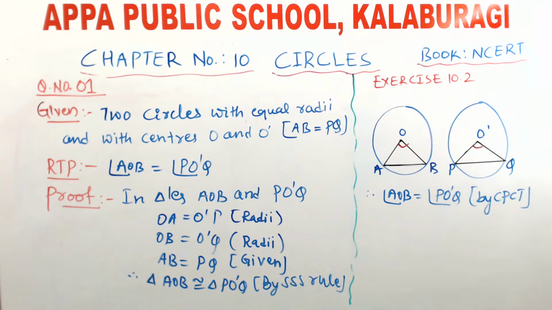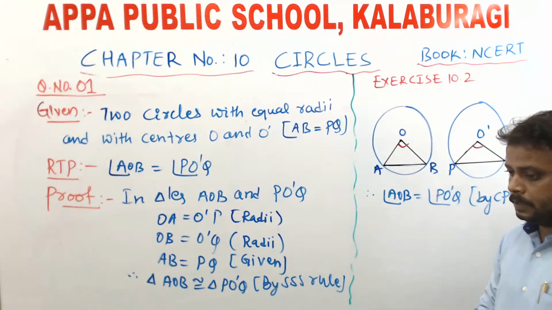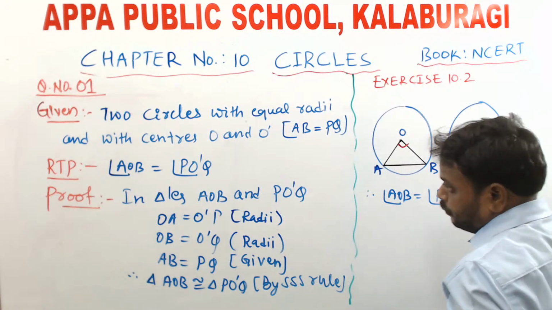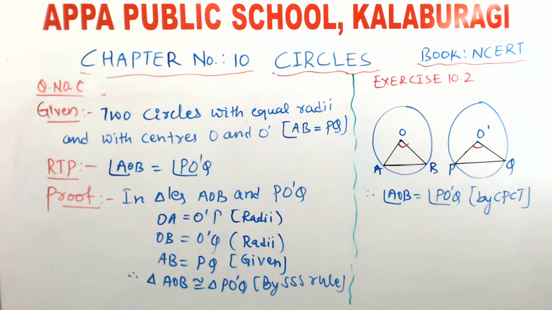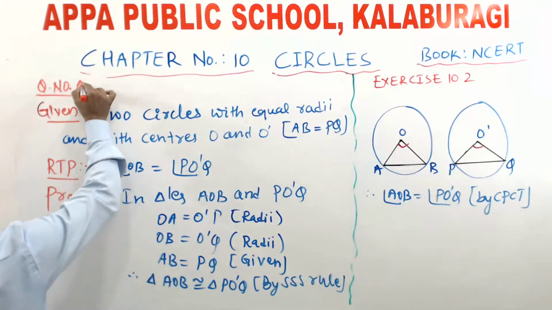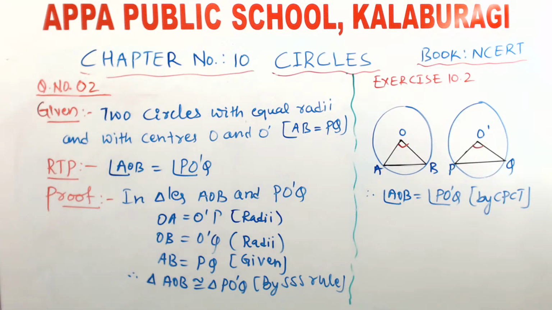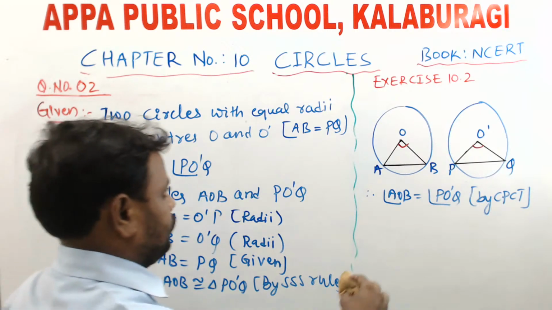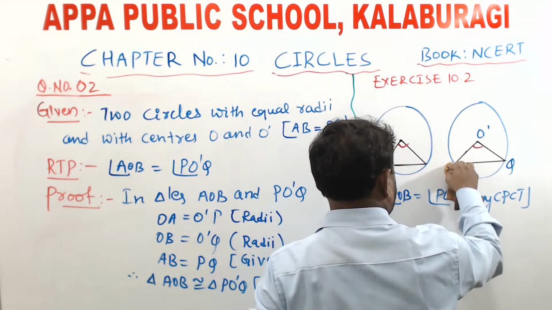So we are moving to the second one. The diagram is same, so just see this once. Is it clear? I will move to the second one and just change the numbers here.